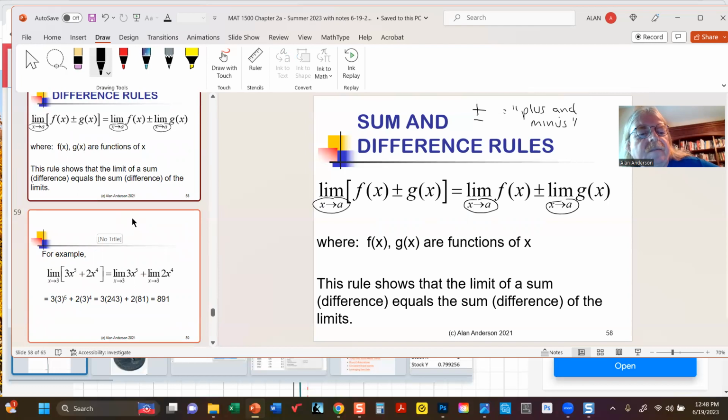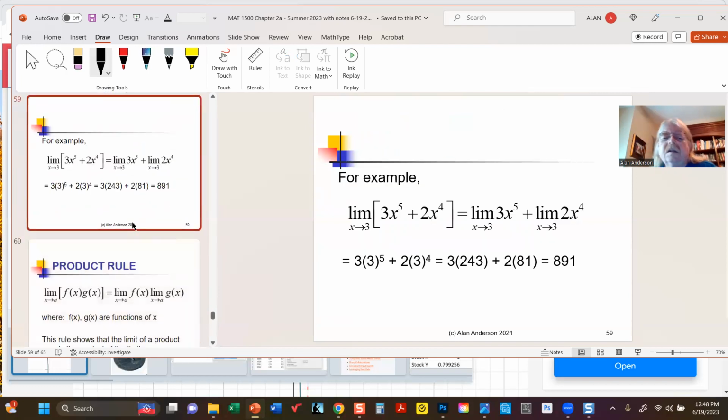So let's try one. A very straightforward one. This is a polynomial. Now I can't combine these two terms, obviously, but what I'm ultimately doing is taking the limit of 3x to the fifth plus the limit of 2x to the fourth. Now, if you want to, it's not absolutely necessary, sometimes with very messy expressions, it might be helpful to move the 3 outside.